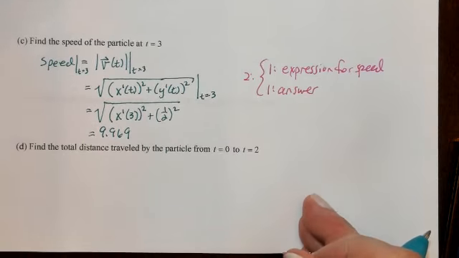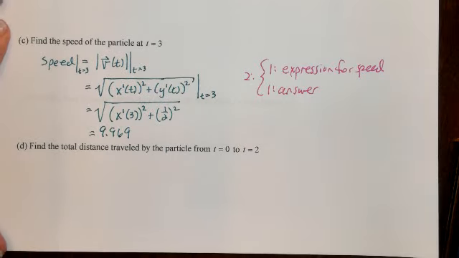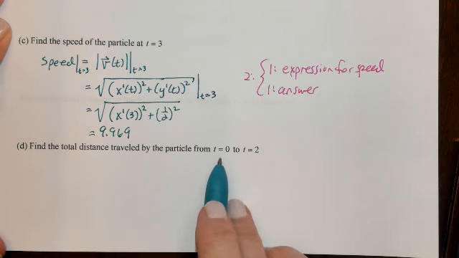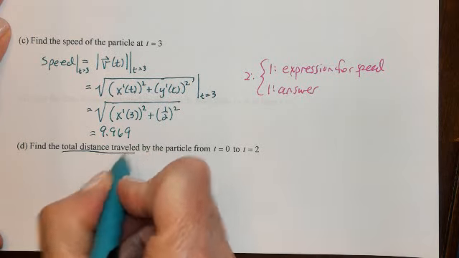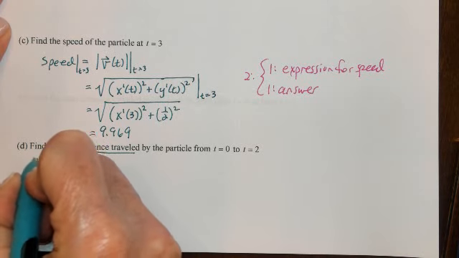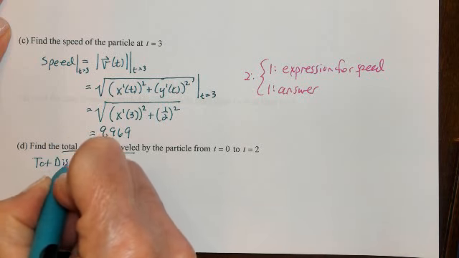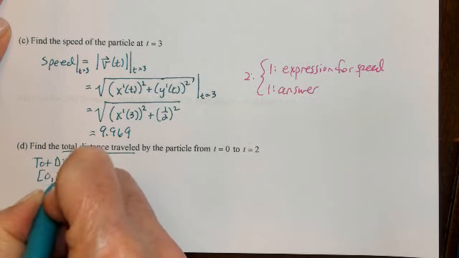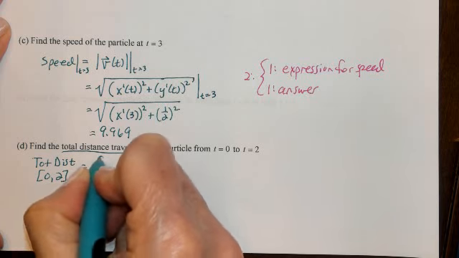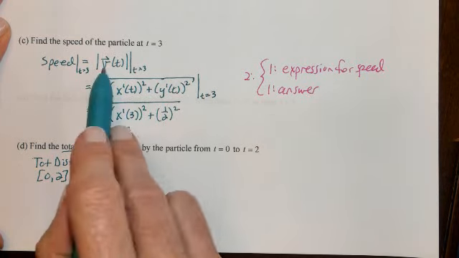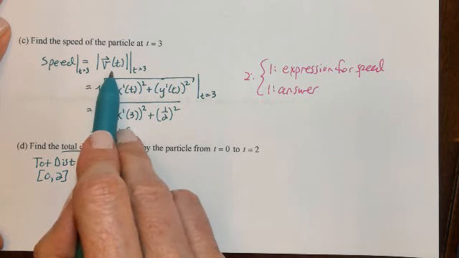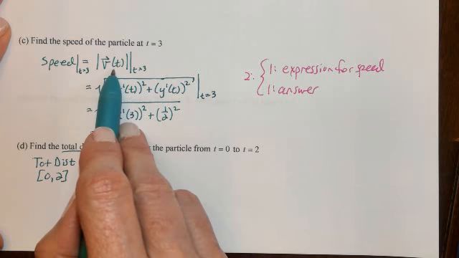And then the last part of this problem, find the total distance traveled by the particle from time 0 to time 2. Another formula, total distance traveled from 0 to 2, it is an integral. It's the integral of the speed. It's the integral of the absolute value of velocity, which is speed, right?